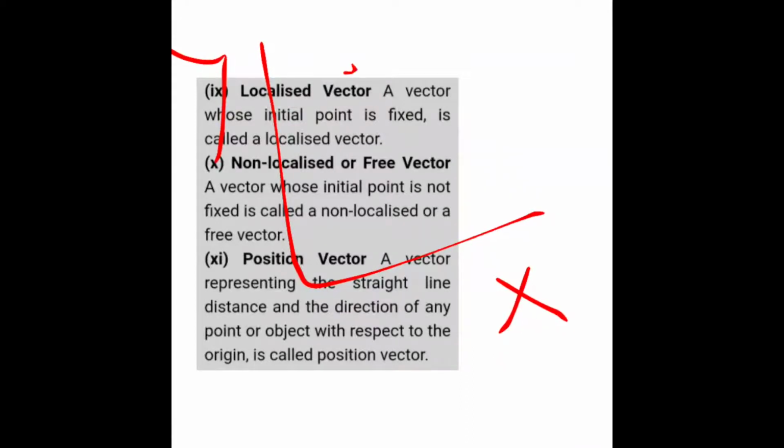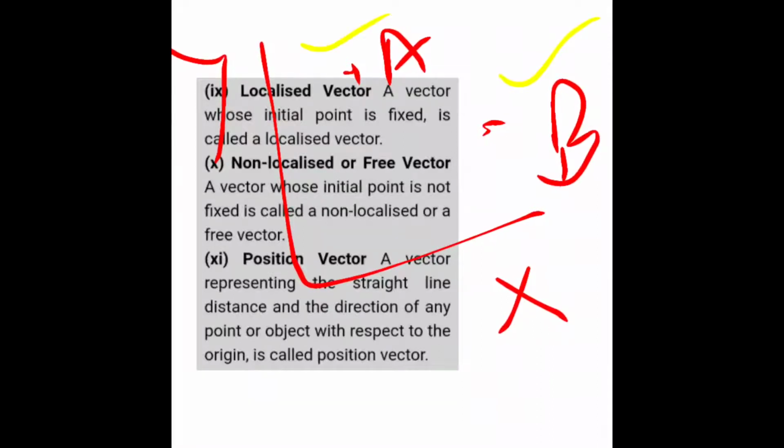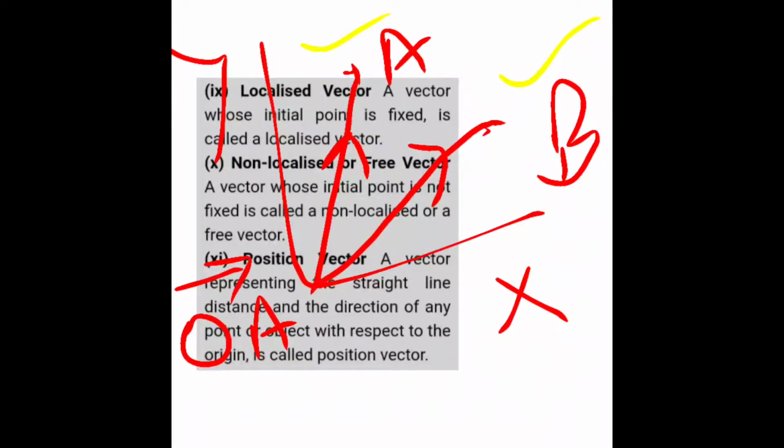Okay, now position vector. For example, this is the xy plane, and in the xy plane I need to locate two points. Let us consider this is point A and this is point B. Now I want to locate these two points in the graph. So we will draw one vector from the origin to A, and another vector from the origin to B. We'll say the OA vector and the OB vector.